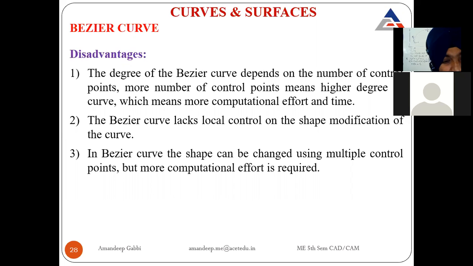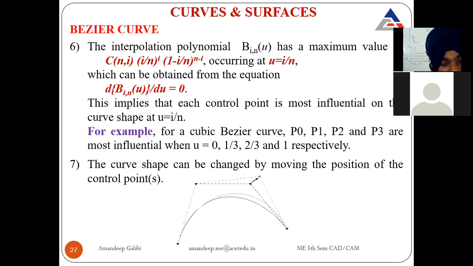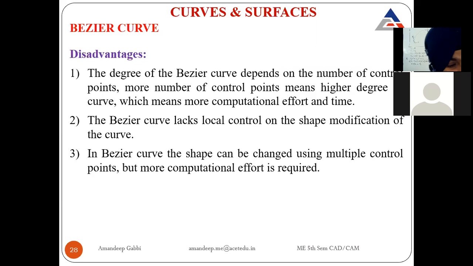Bezier curves lack local control on the shape modification of the curve. Though it is providing us, still it is not that flexible. The shape can be changed using multiple control points, but as you increase the number of control points, its computational effort increases.